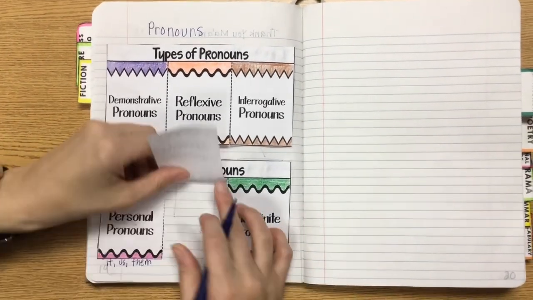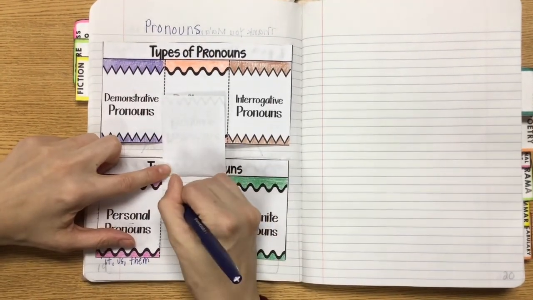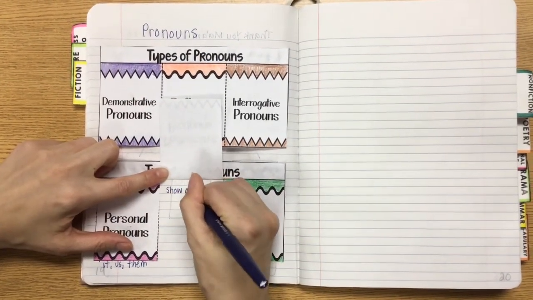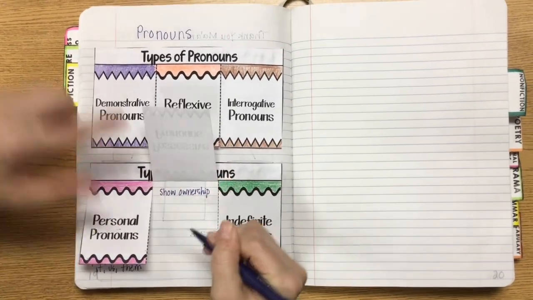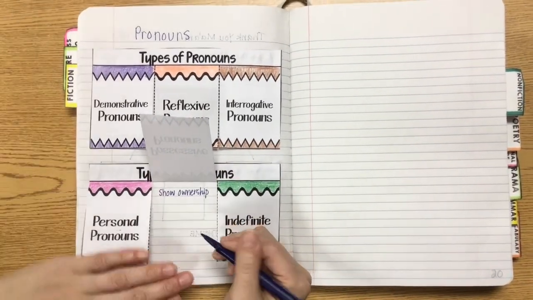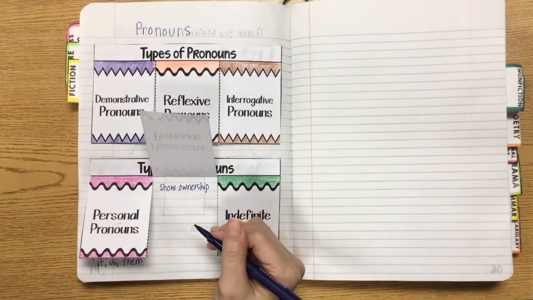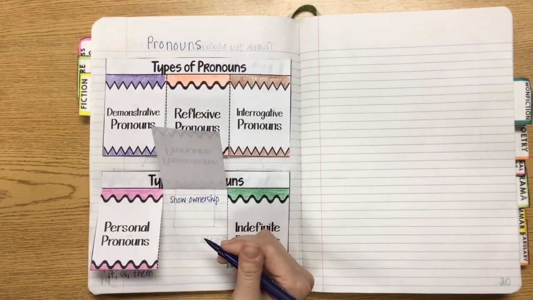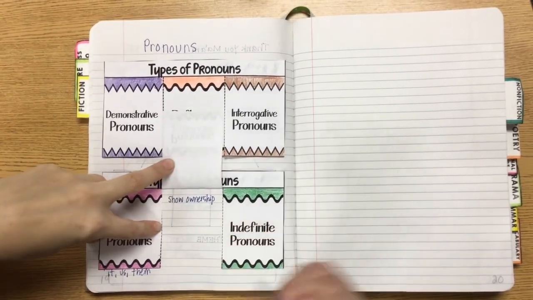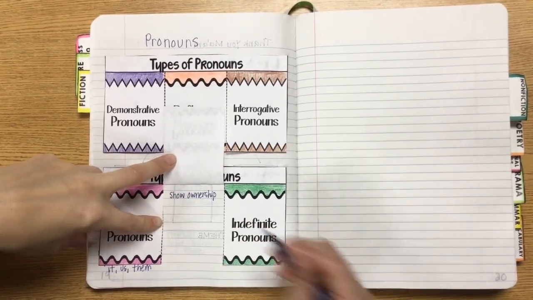Possessive pronouns, they are pronouns that show ownership. And you'll notice that they show this is my house, this is their car. These are pronouns that show who owns or possesses something.